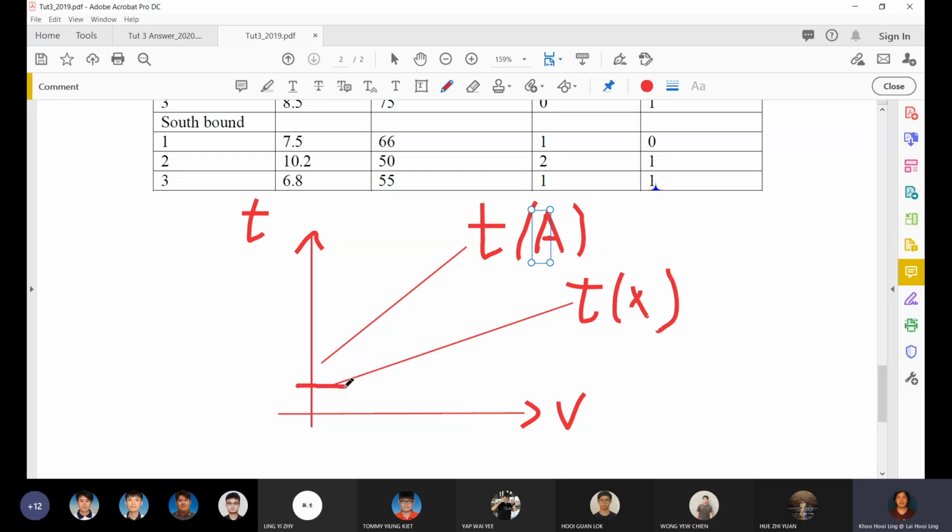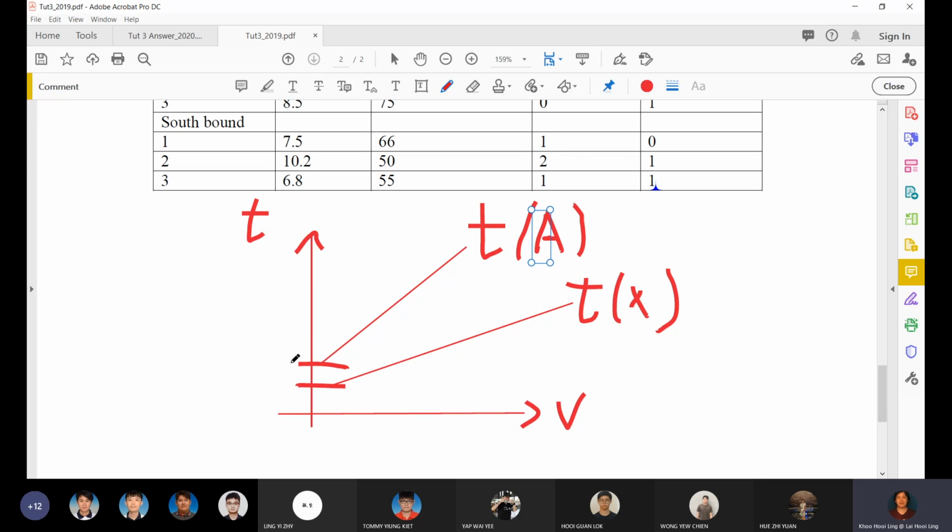Because we see the time at the free flow. If VX is 0, I mean, if the volume is 0, the free flow time for TX is lower as compared to the arterial street. That is how we differentiate TX and TA.